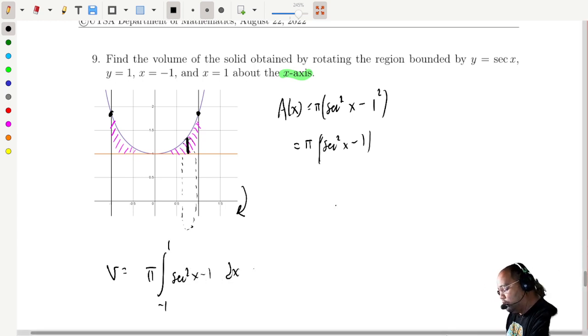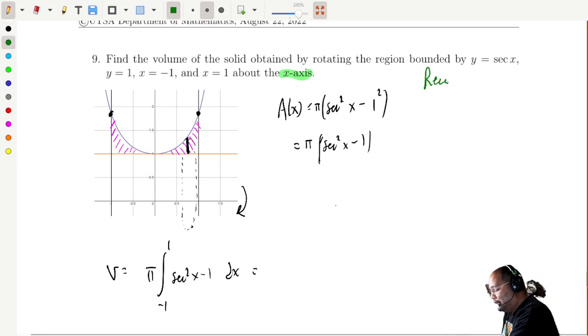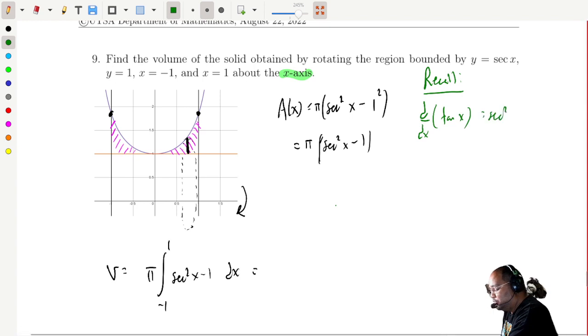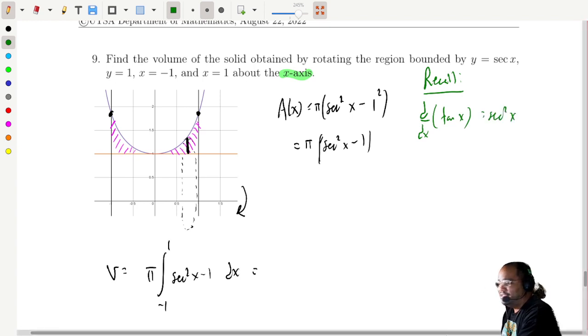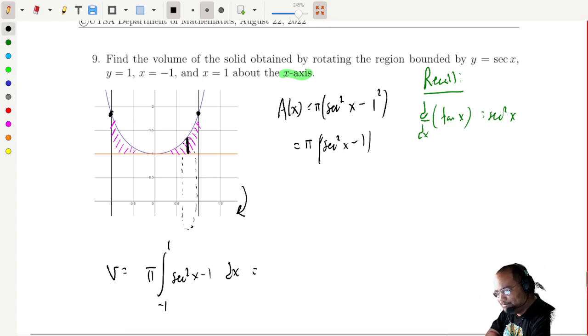Well, we need to remember that the derivative of tangent is indeed secant squared. So that tells us that the integral of secant squared is tangent. Remember from FTC, go back and watch that if you haven't already, that derivatives and integrals undo each other in a sense.